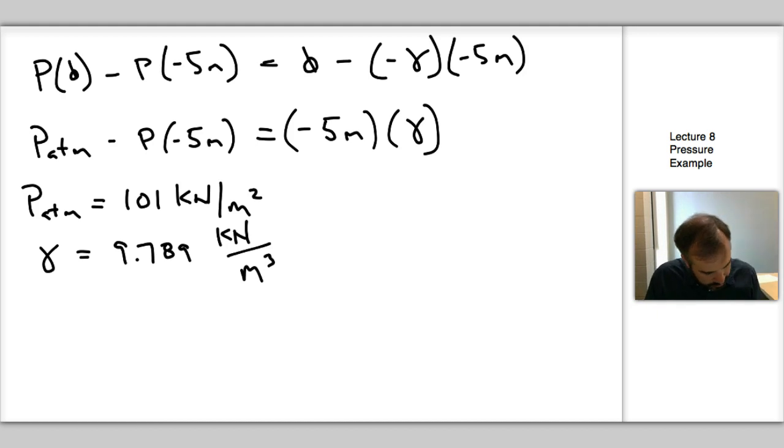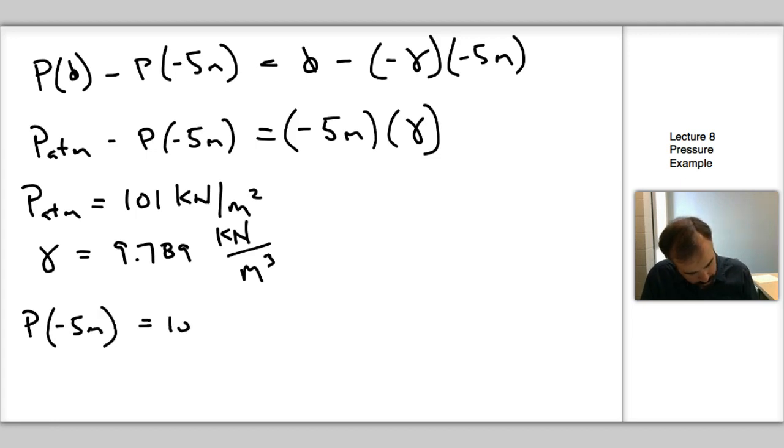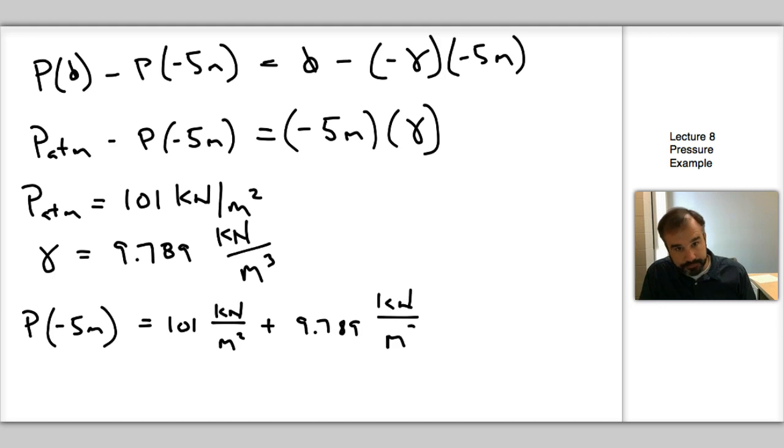And so we get P at minus 5 meters is equal to 101 kilonewtons per meter squared plus 9.789 kilonewtons per meter cubed times 5 meters.